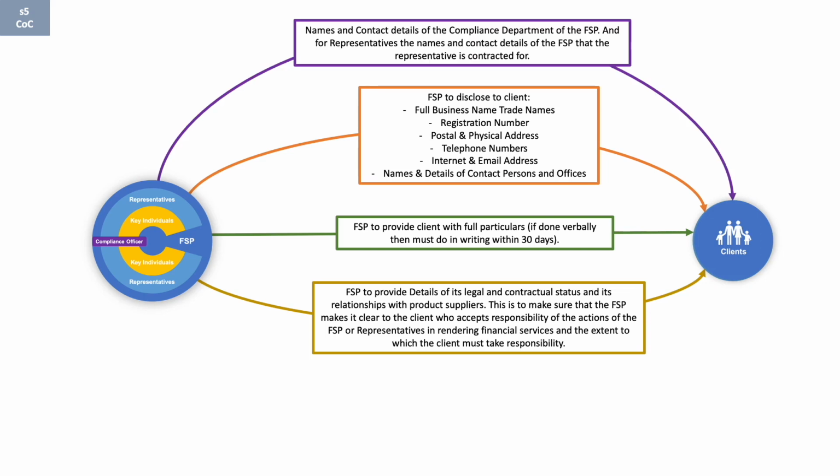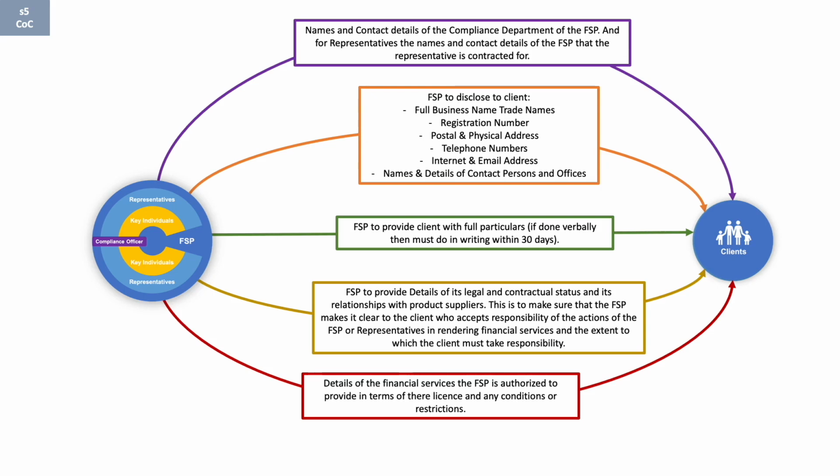The FSP is to provide names and contact details of its compliance officer and details of its compliance department. And for representatives, the names and contact details of the FSP that the representative is contracted to.